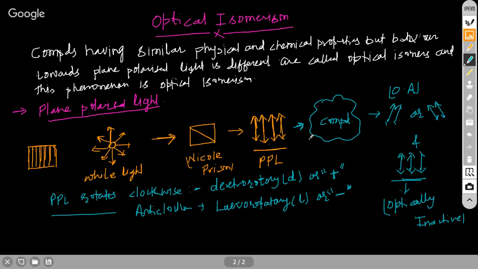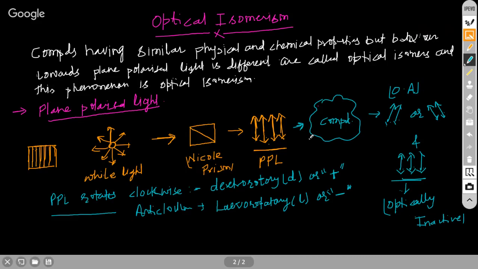Listen to me very carefully here: dextro and levorotatory compounds is experimental. There is no theoretical way so that we can say that the given compound is dextro or levo, or plus or minus. Now, suppose you get a question in the exam: is the given compound optically active, yes or no?